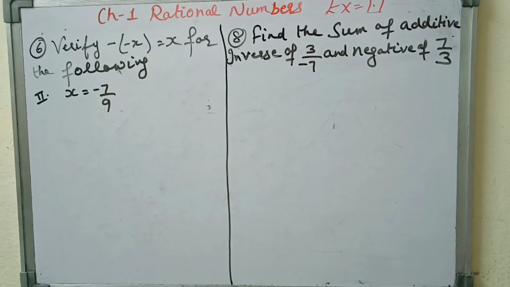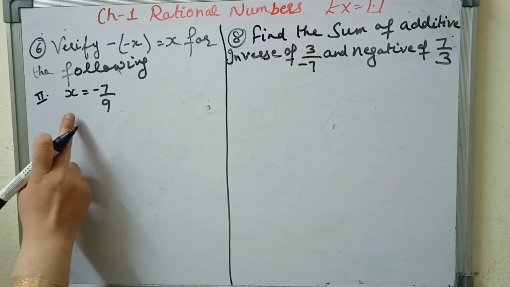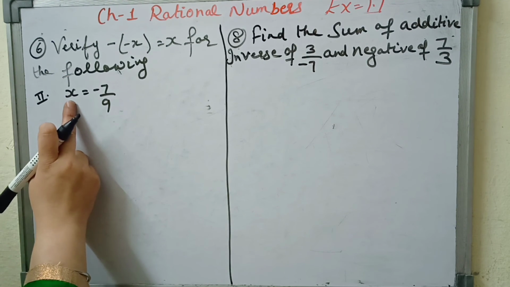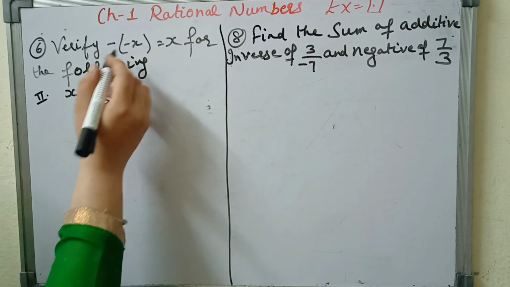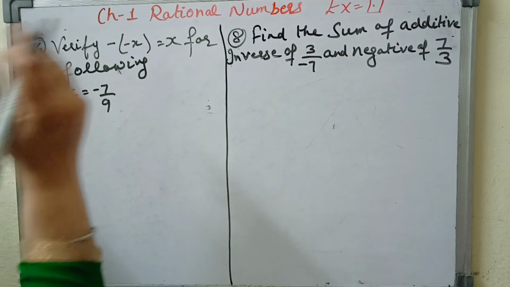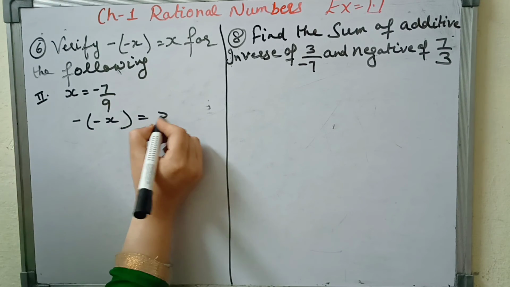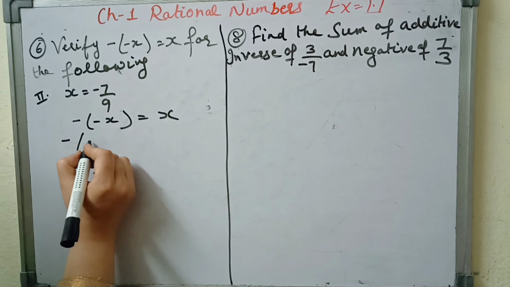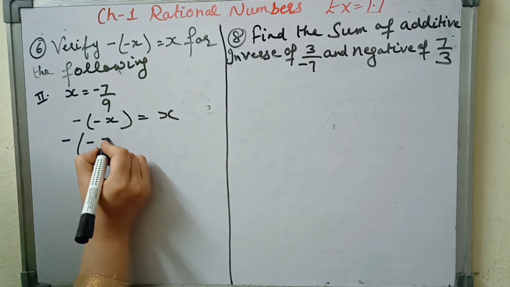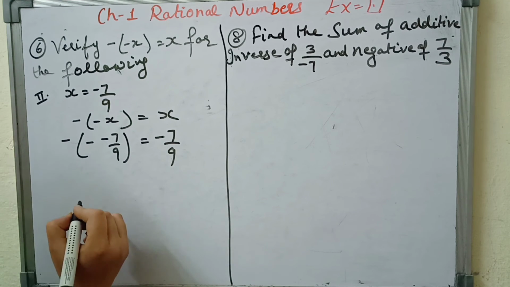Number 6. Verify minus of minus x equals x for the following. Part 2 is x equal to minus 7 over 9. We have to verify, that is, we have to make the left hand side equal to the right hand side. The statement is minus of minus x equals x. We simply put the value of x here, that is minus 7 over 9, and also there is minus 7 over 9.